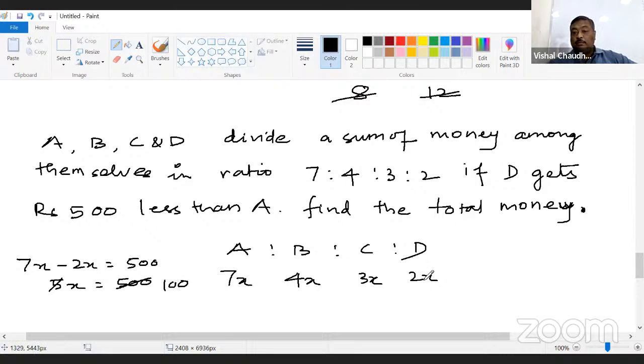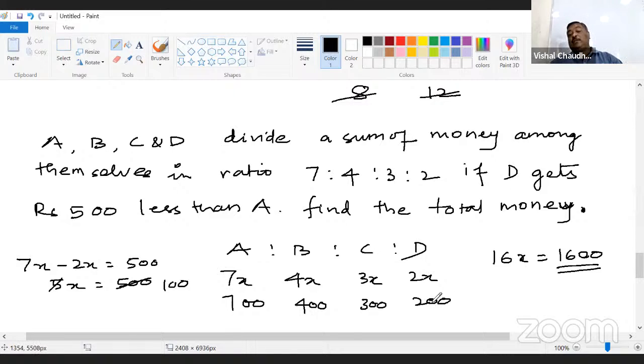So how much money do they all have? 7x plus 4x is 11x, 11x plus 3x is 14x, 14x plus 2x is 16x. So 16x is equal to 16 into 100, and that is 1600. Total money is 1600. Each one is getting how much? 700, 400, 300, 200. So certainly we can see, yes, A is getting 500 more than D. Is it clear?